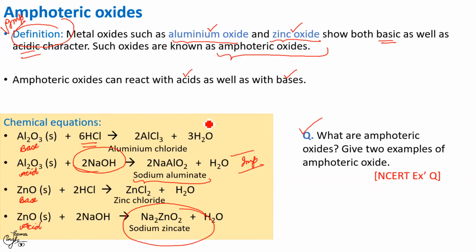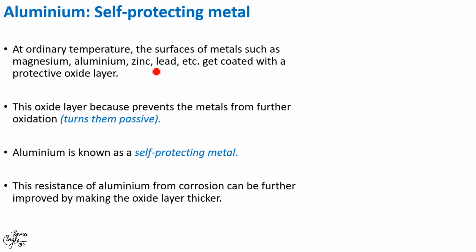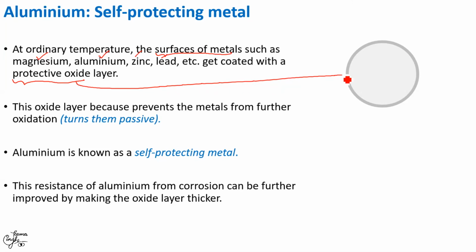Another important point is that at ordinary temperature, the surfaces of metals such as magnesium, aluminium, zinc, lead, etc. get coated with a protective oxide layer. This is because these metals are quite reactive. They react with atmospheric oxygen and form the corresponding oxide layer.